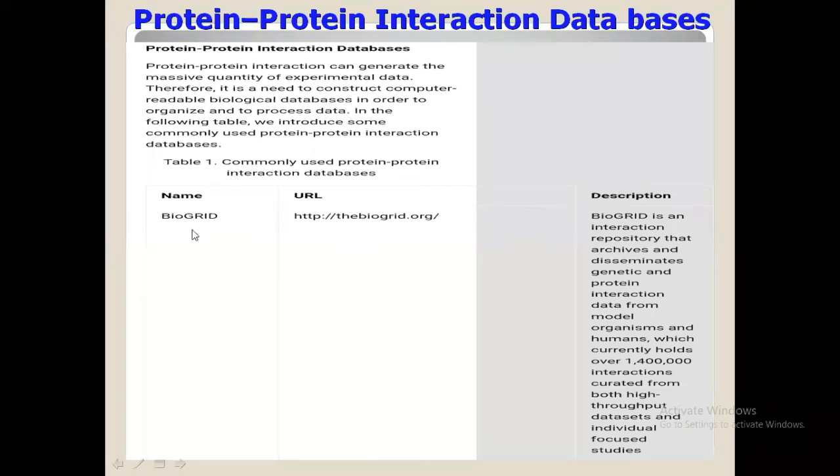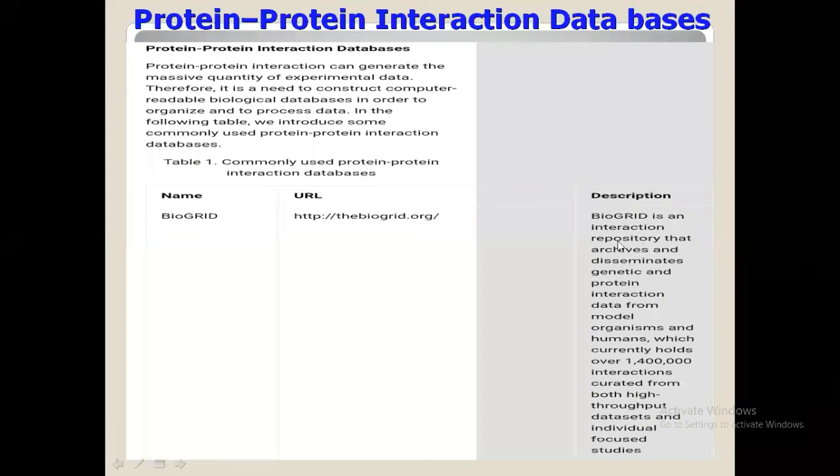So the first database is BioGrid, and this is the URL link. If you want to enter into that, you can type this link in Google and enter into that database. What is this particular BioGrid used for? Here it is given in this column.